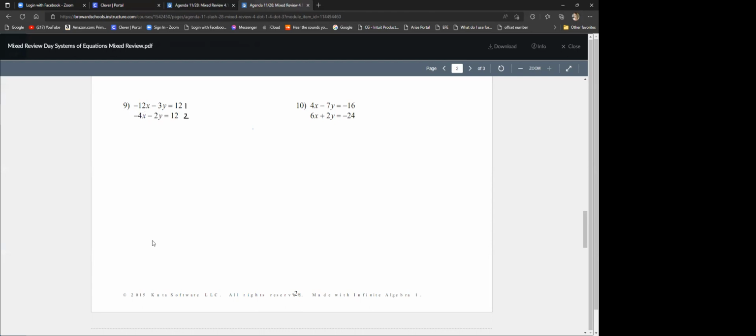Okay, so we have equation 1 and equation 2, right? What we want to do on equation 2 is make it look like 12x or negative 12x, or we want to make the y coefficient match with this y coefficient. So in other words, how can we make the 4 look like a 12? How do we go from 4 to 12?